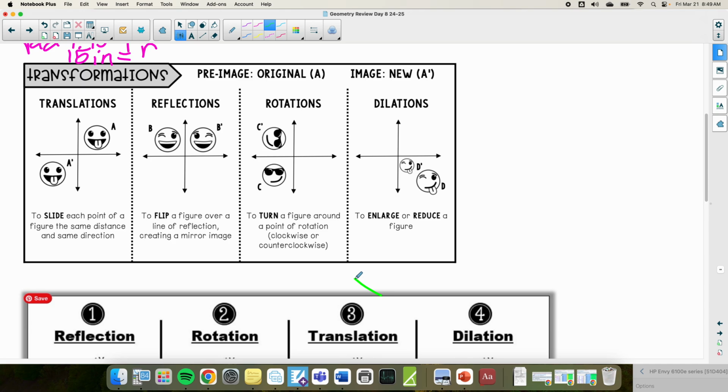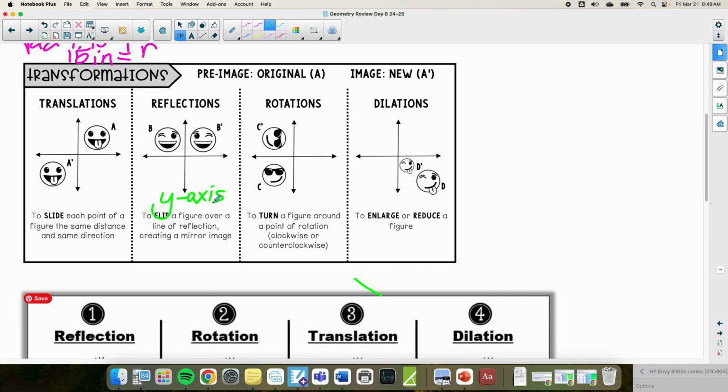It's like you take a figure and you slide it left or right, up and down. You don't turn it, you don't flip it. A reflection, usually they do it over the y-axis or the x-axis. This one they did over the y-axis. So it'd be like if I could fold this in half, those smiley faces would fold right onto each other.